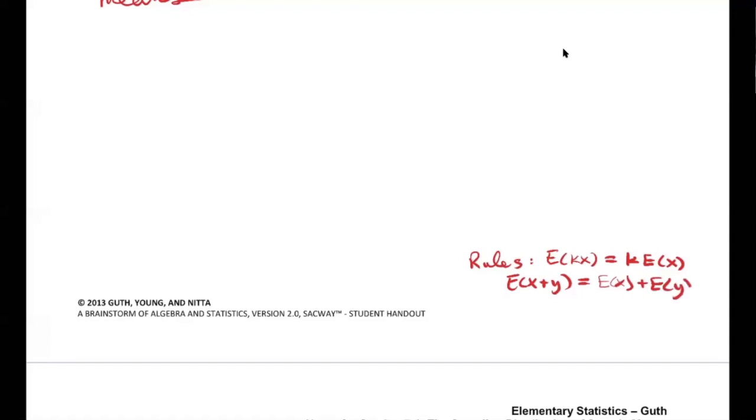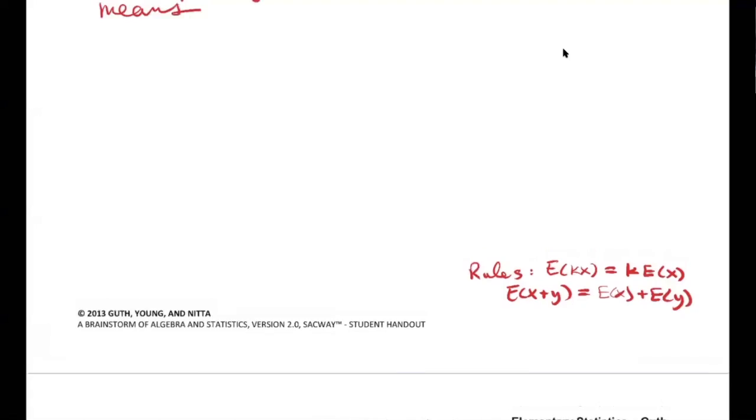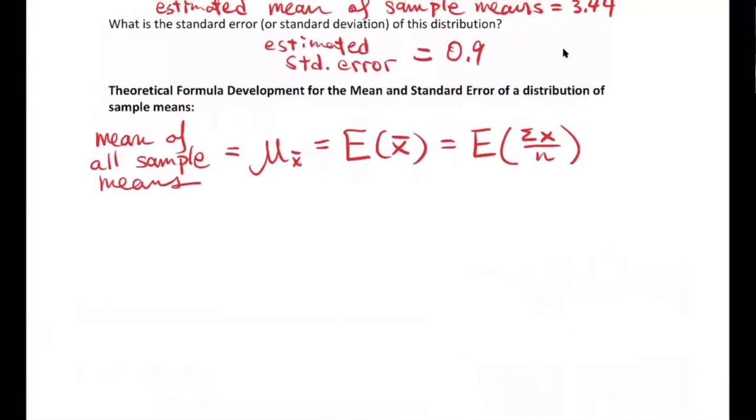Those are the only ones I need right now. Okay, so here I'm going to bring that k, which is the sample size. Well, 1 over n is my k, bringing it up, times the expected value of the sum of my values, or the sum of my x's here.